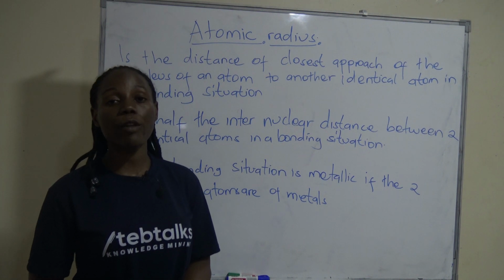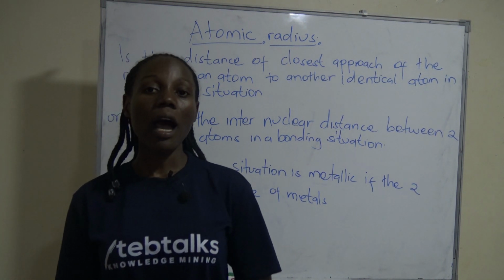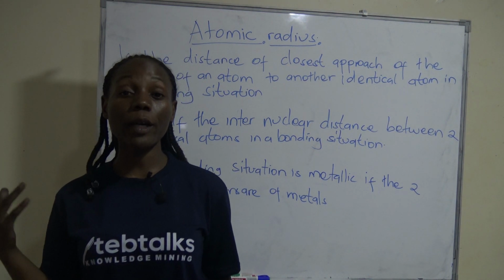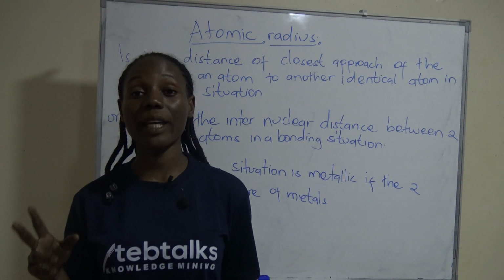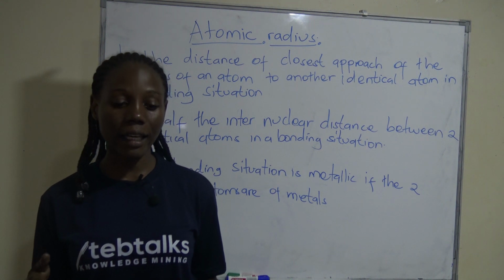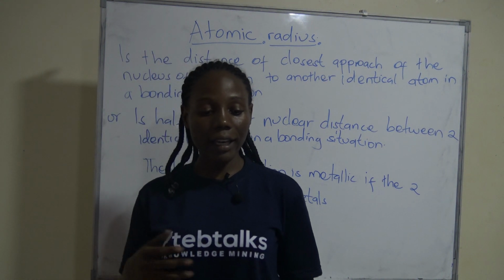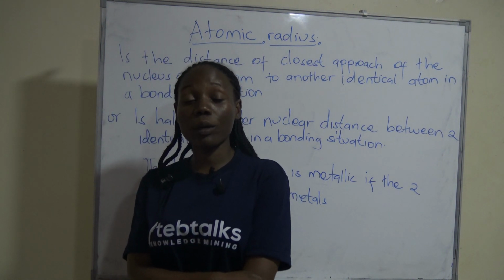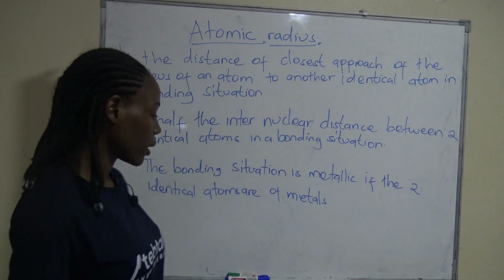So that means that if we are having a bonding between two atoms of a metal, we will end up with what we call the metallic bonding. And then that one would be referred to as the metallic radius.